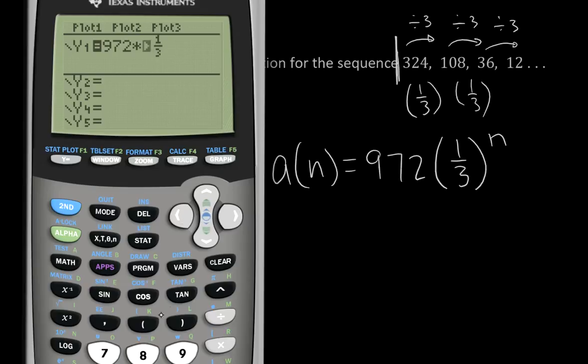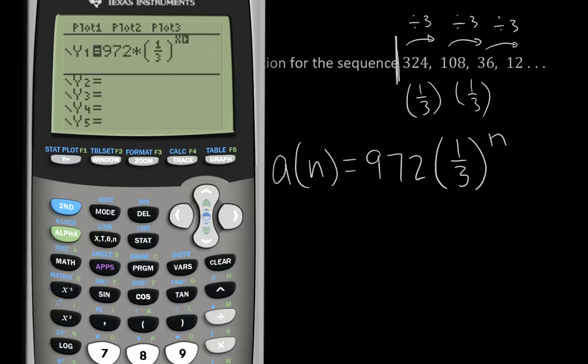Oh, forgot to put my parentheses again. I gotta remember those. And then that's going to be raised to the power of x, because I'm writing y equals. So y1 will equal this where x is my variable.